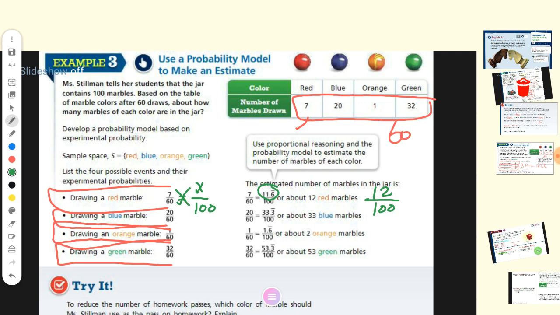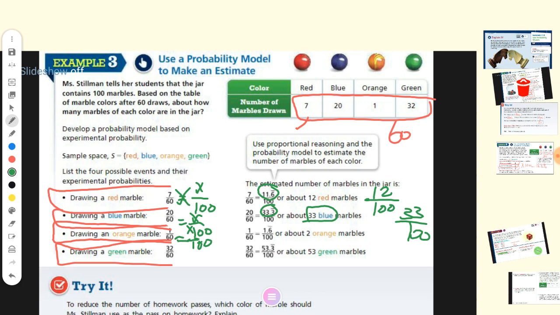What about the blues? Do the same, equal x over 100. Okay, so it will give you 33%, 0.33, which means if we approximate it, it will be 33 blue, which is 33 over 100. And the orange one, 1 over 60 equals x over 100.